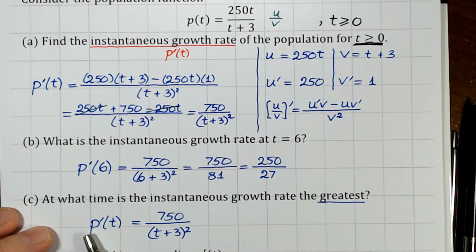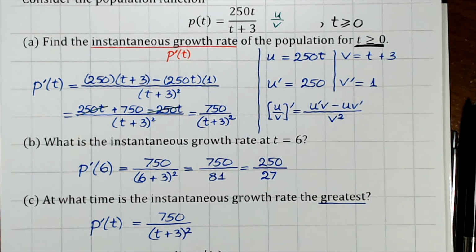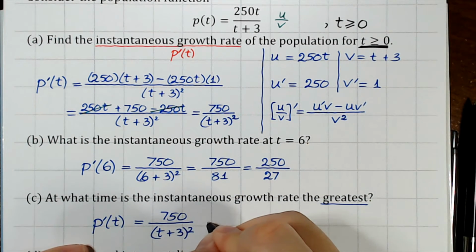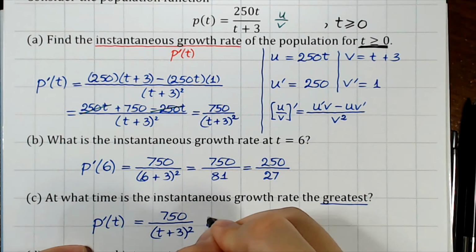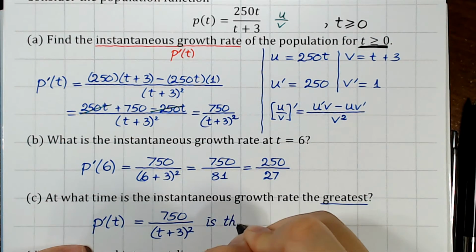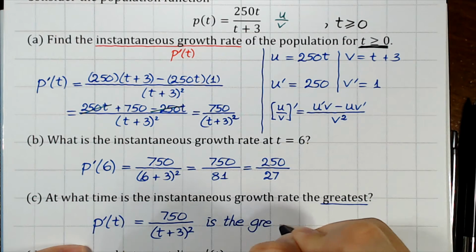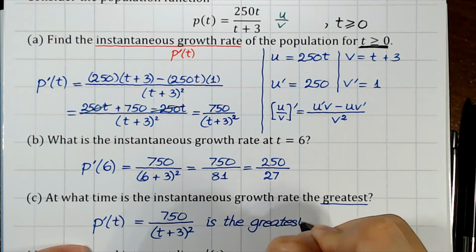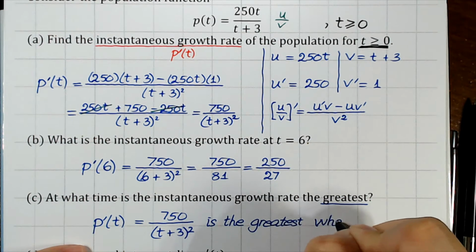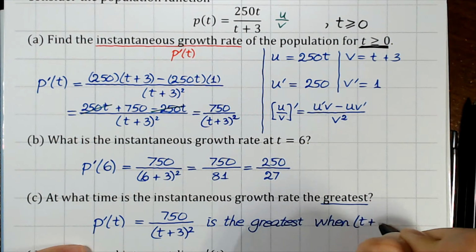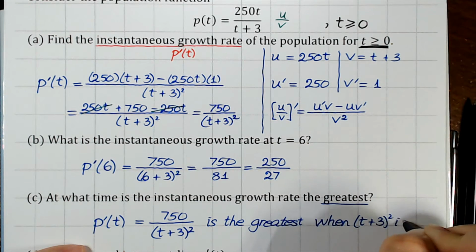So I will write that the derivative is the greatest when t plus 3 squared is the smallest.